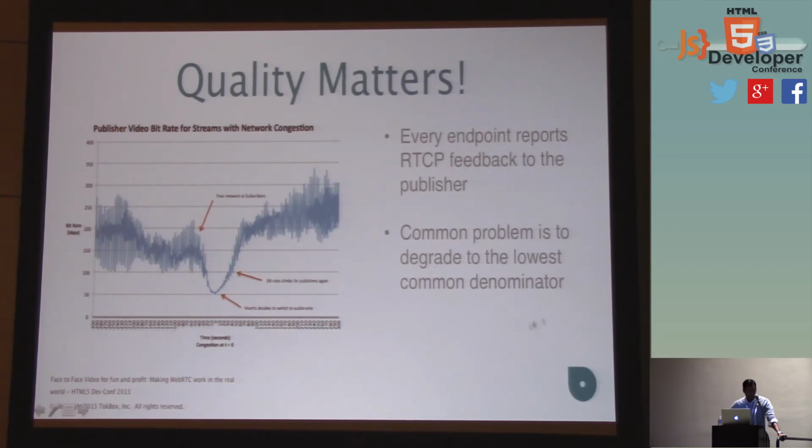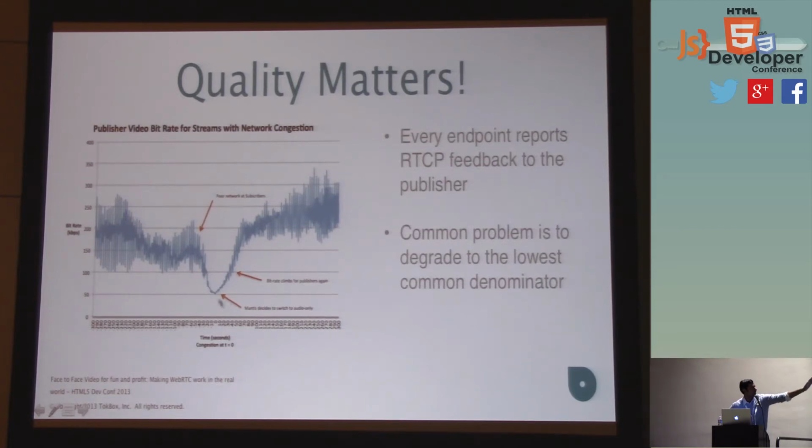I don't want to go too much into this graph, but what I would like to show is this is an aggregate bandwidth, the bit rate for each publisher. And here you see a bad subscriber joining. This is based on real world data. That bad subscriber throttles the publisher and causes the publisher bitrate to tank.